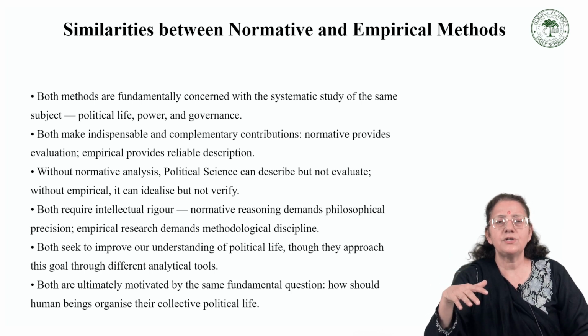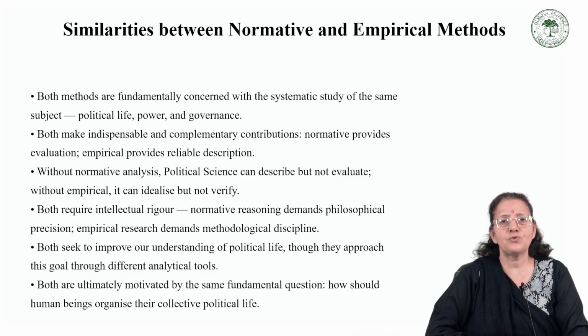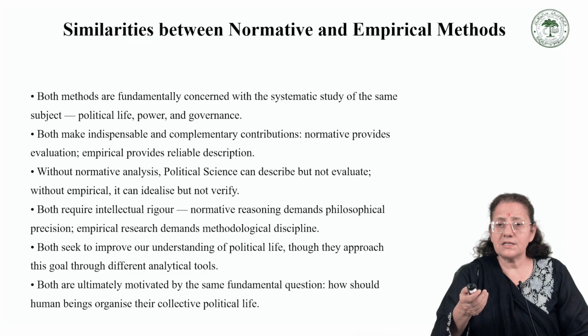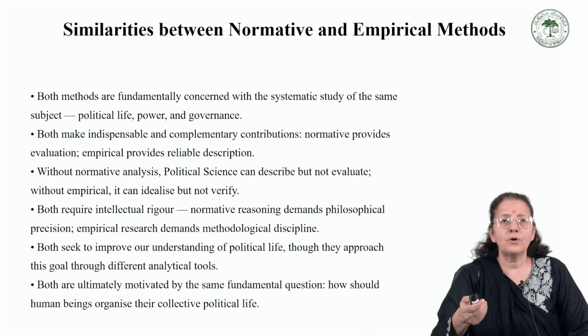Without the empirical tradition, political science would have no reliable knowledge of how political systems actually work. It could articulate beautiful ideals, but would be unable to say whether those ideals are achievable or how political life might be changed to approach them more closely.